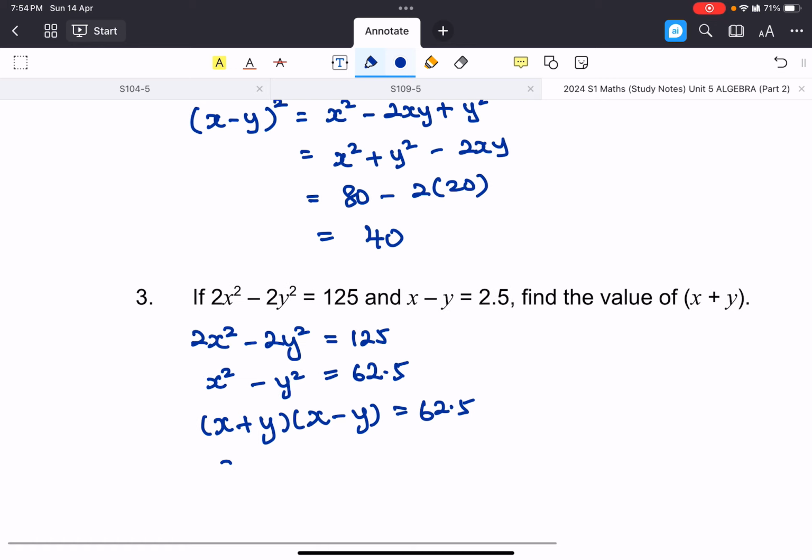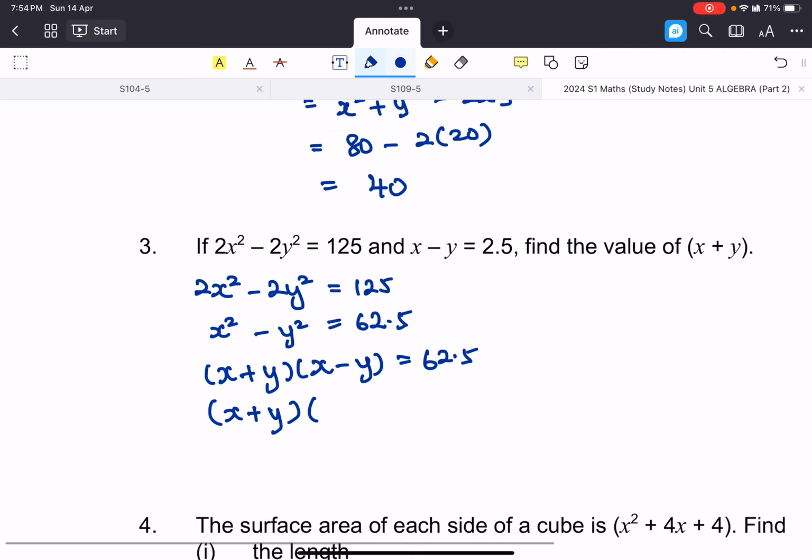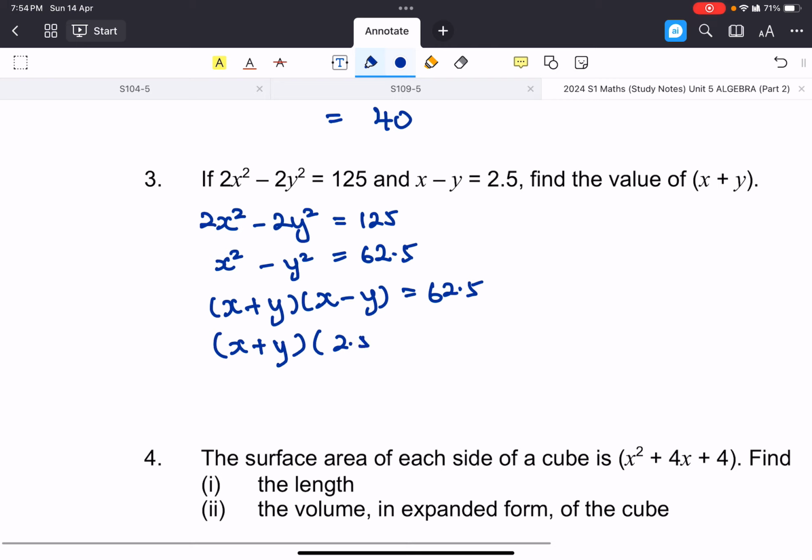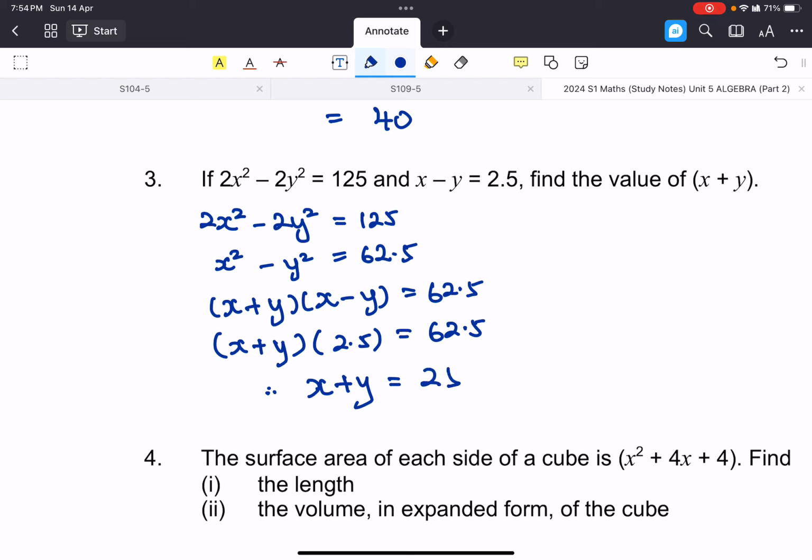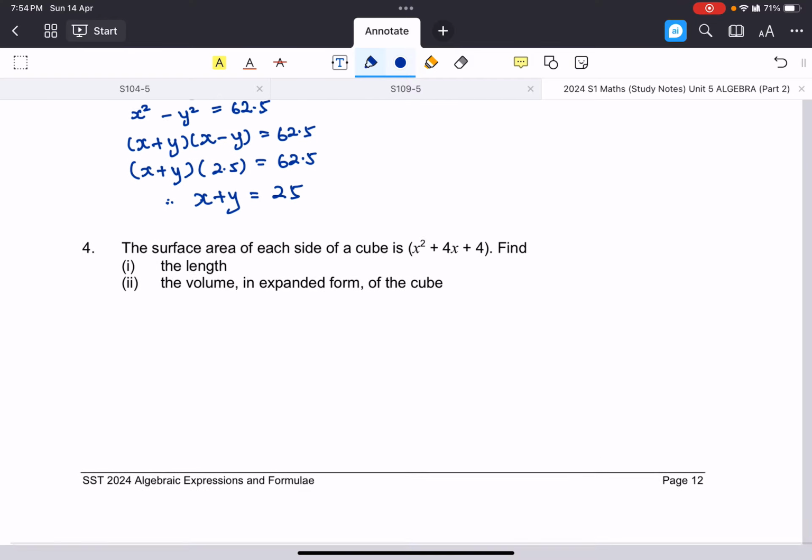So this means that x plus y times 2.5 is equal to 62.5. Therefore, x plus y is equal to 62.5 divided by 2.5, which gives us 25. Successful, right?